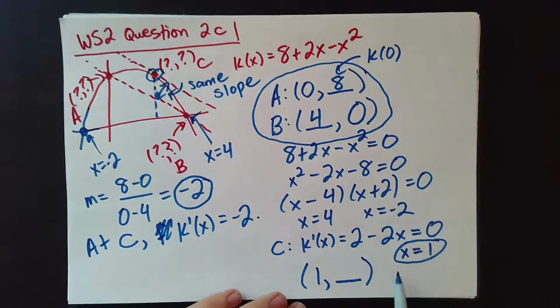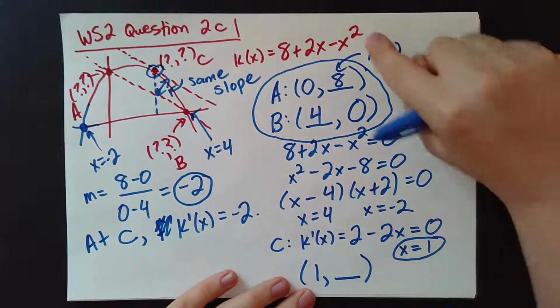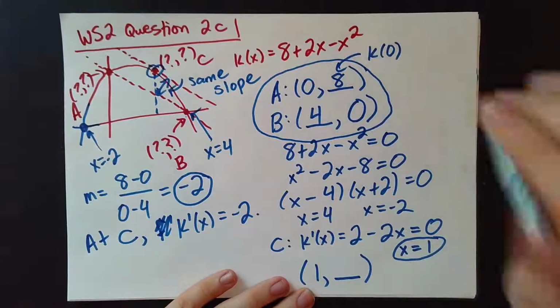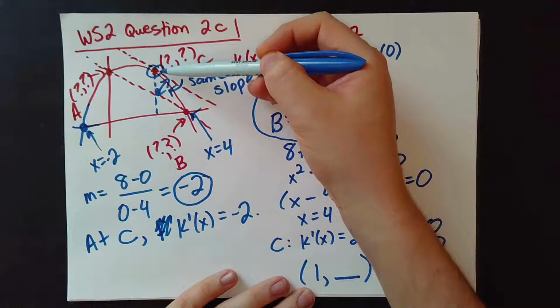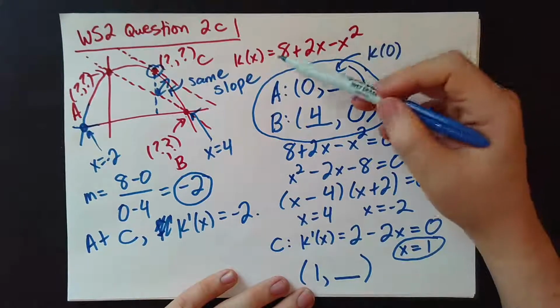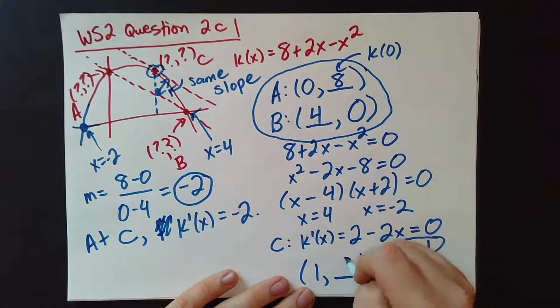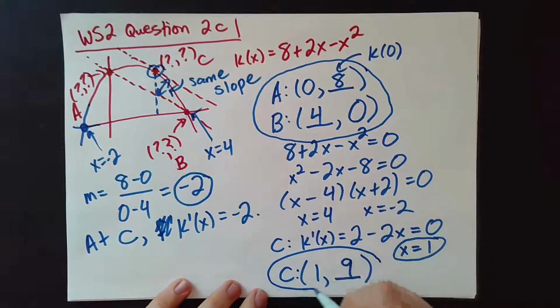The y-coordinate here I get by plugging this x back into the original function. And definitely remember, I need to plug the x back into the original function to get the y-coordinate of the point on the graph, not into the derivative. When I do that, I get 8 plus 2 minus 1, which is 9. And so that means C is the point 1, 9.